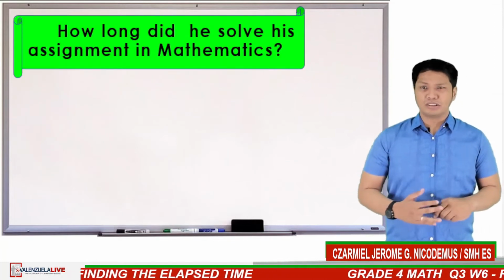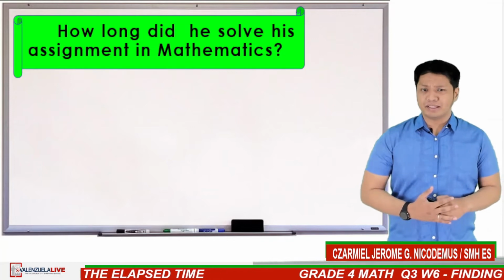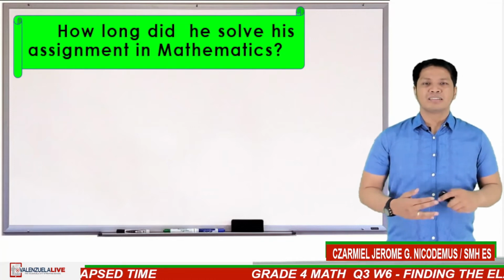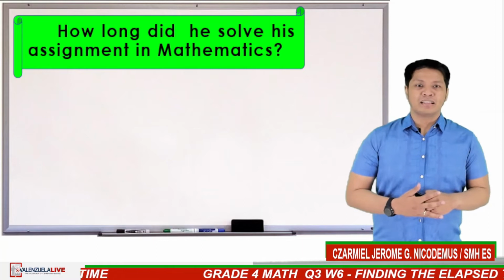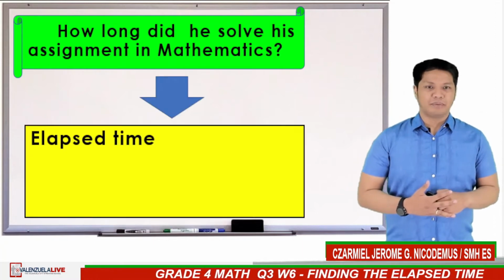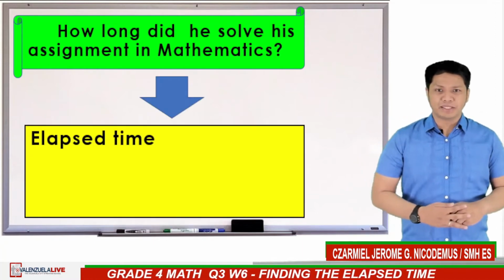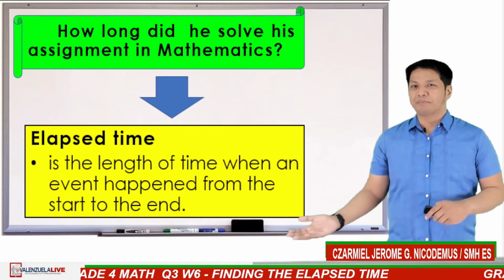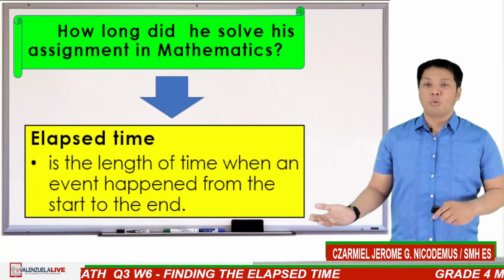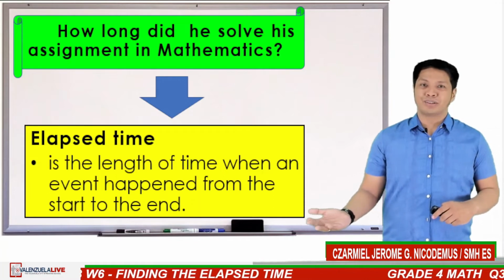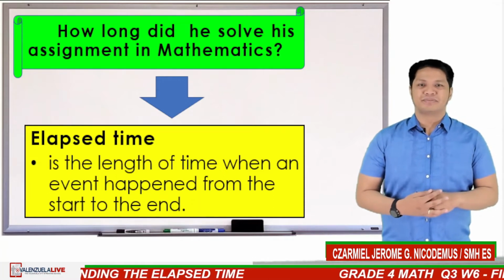How long did he solve his assignment in mathematics? The problem asks to find the elapsed time. So what is elapsed time? Elapsed time is the length of time when an event happened from the start till the end.